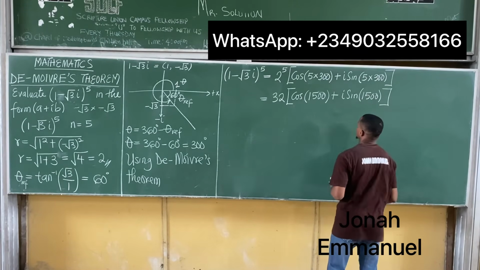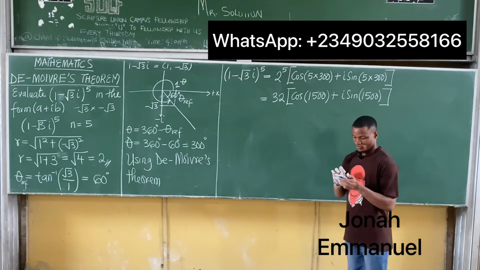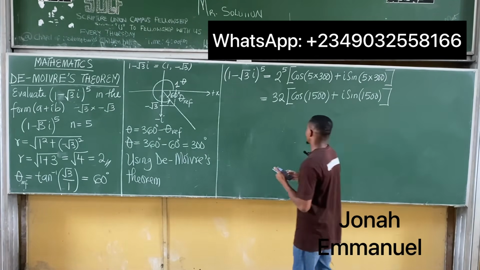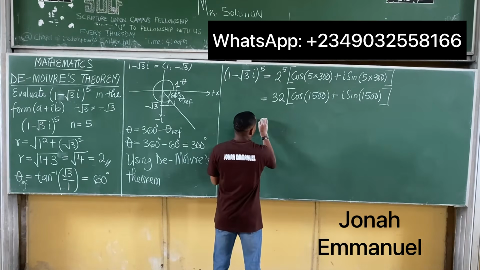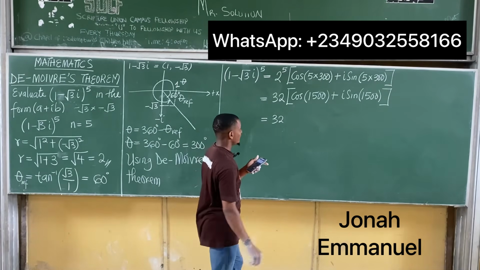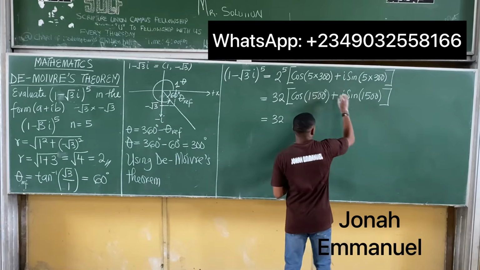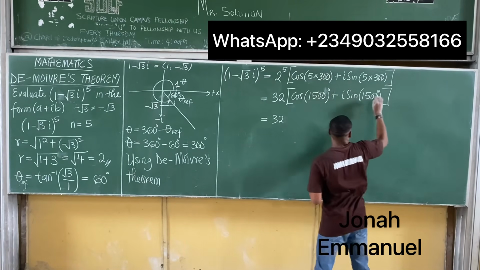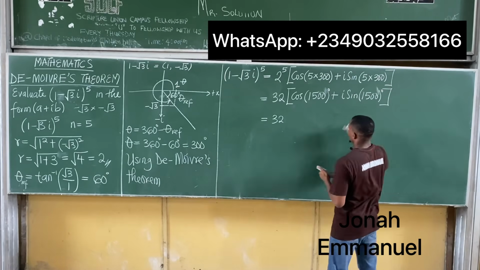So I have this. So we can go ahead and punch cos 1,500. Okay, so we have an answer here. If I punch cos 1,500, this is in degrees.